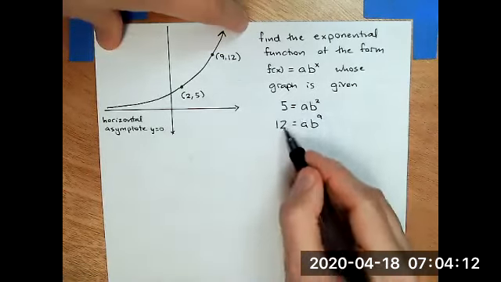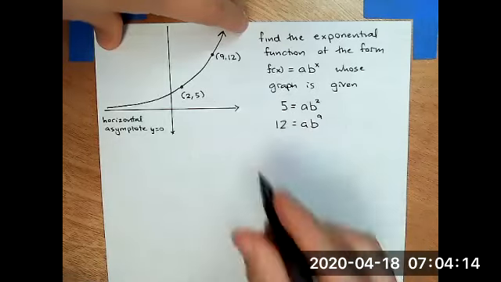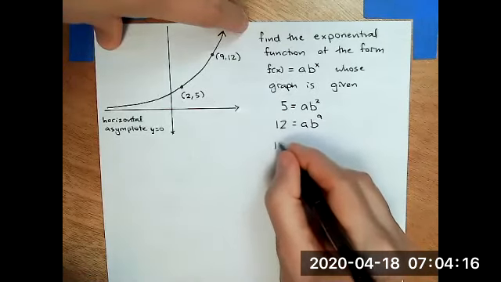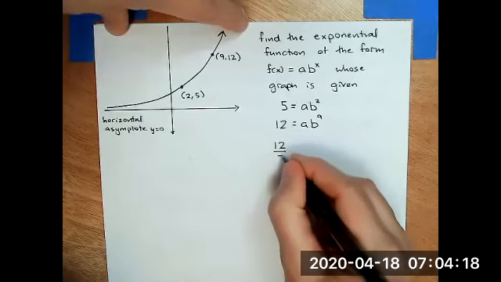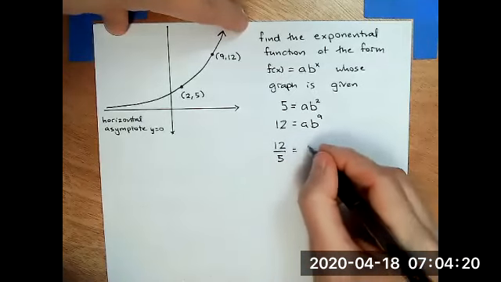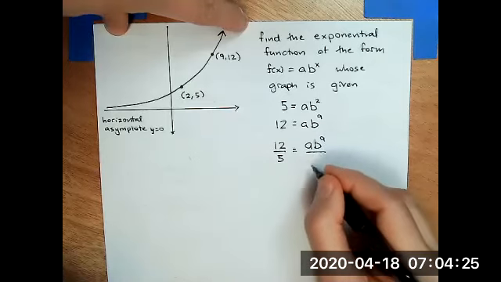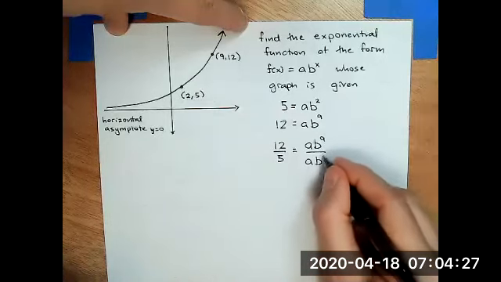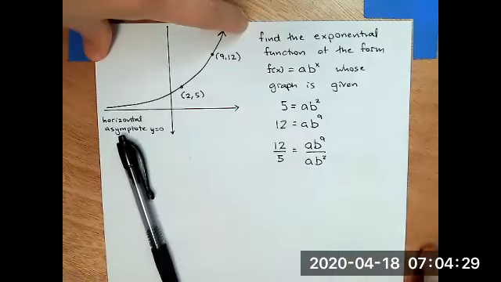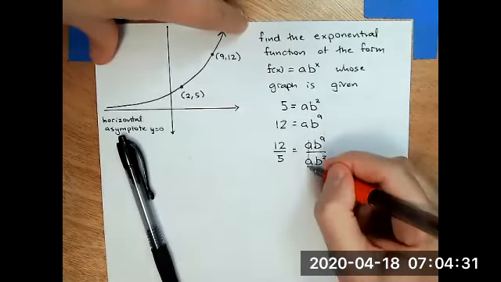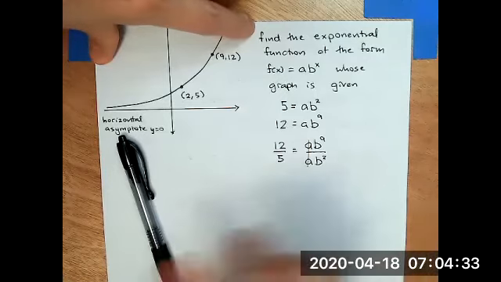And then we can take the ratio of the two equations. 12 over 5 is a b to the 9th divided by a b squared. And a over a is equal to 1.